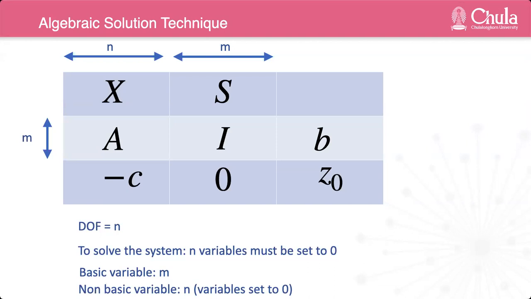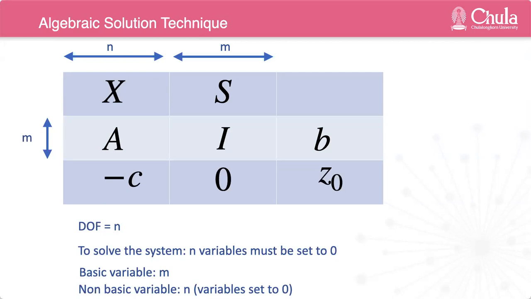Okay? So we separate those n plus m variables. We categorize the variables as basic variables and non-basic variables. Okay? The number of basic variables is m, and the number of non-basic variables is n. Why? Because we're going to force all the non-basic variables to be 0.